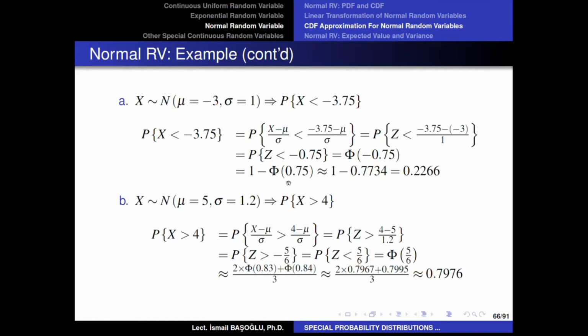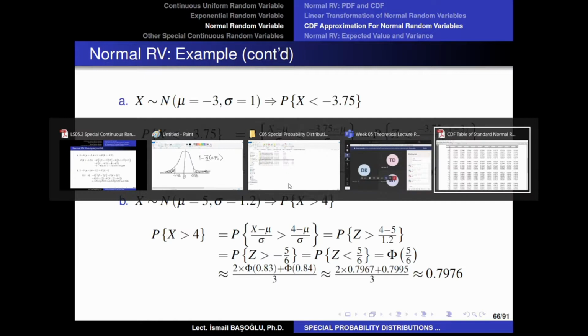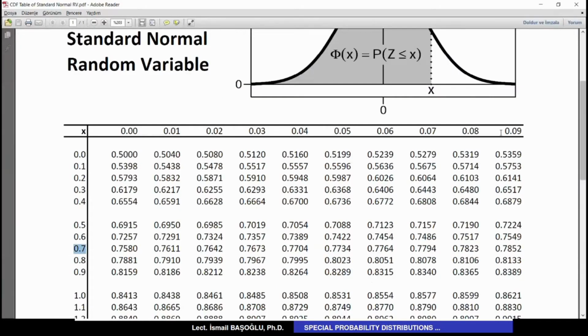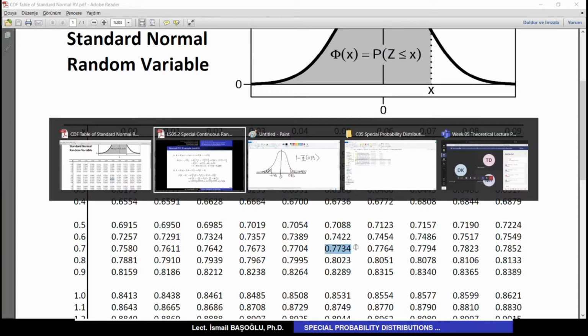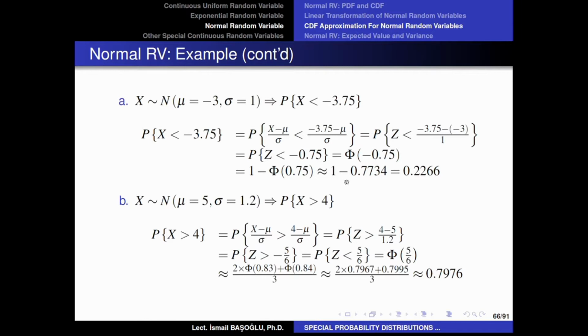And for the area on the left-hand side of 0.75, let's check 0.7, and we have 0.05 here. The result that we are looking for is 0.7734, which is exactly written here. Subtracted from 1, we get the probability. So this is how we are going to solve the probability statements related to non-standard normal random variables.